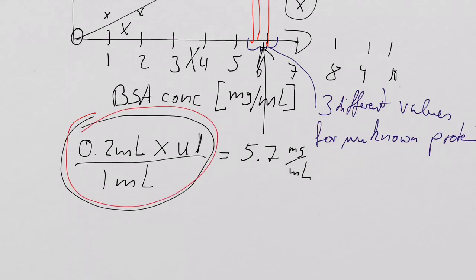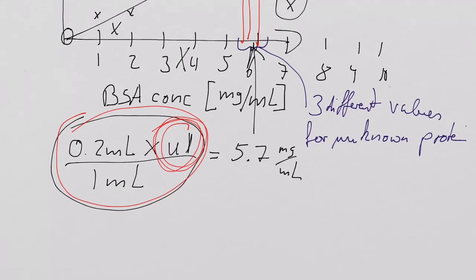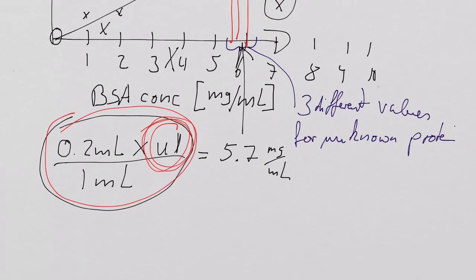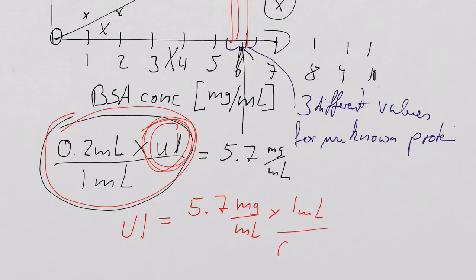So all we need to do is look for this unknown sample 1. And this is unknown 1 equals 5.7 milligram per milliliter times 1 milliliter divided by 0.2 milliliter.